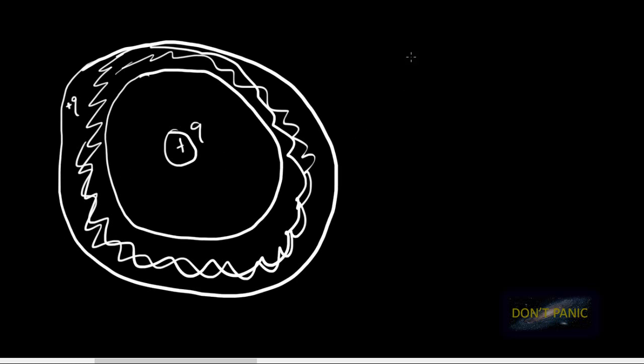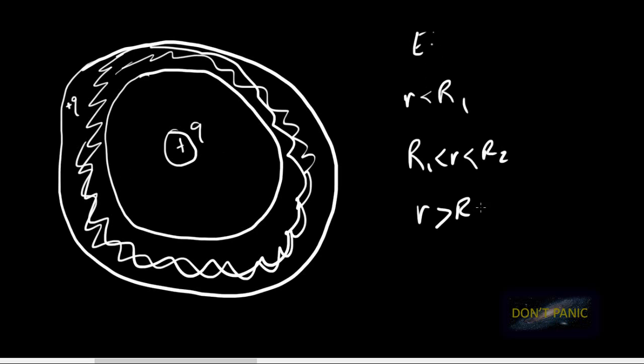We're asked the same thing: find the electric field for R less than R1, R1 less than R less than R2, and R greater than R2. Here's R1. These are supposed to be spheres. And this is R2.